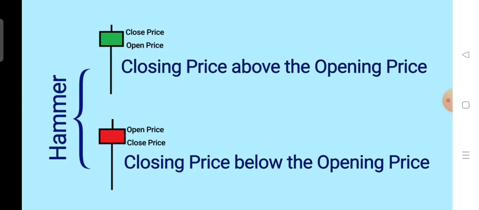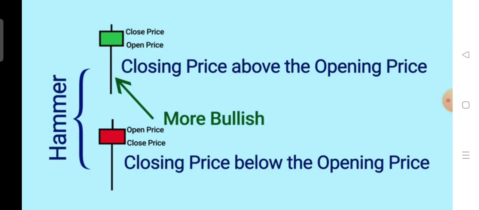Obviously, a green body is relatively more bullish than a red body. What does it mean here? Initially, though the bearish sentiment was there, the bulls took over by the end of the day. And in the case of a green body, they were so powerful that they closed above the opening price. So that is the way a hammer is formed.